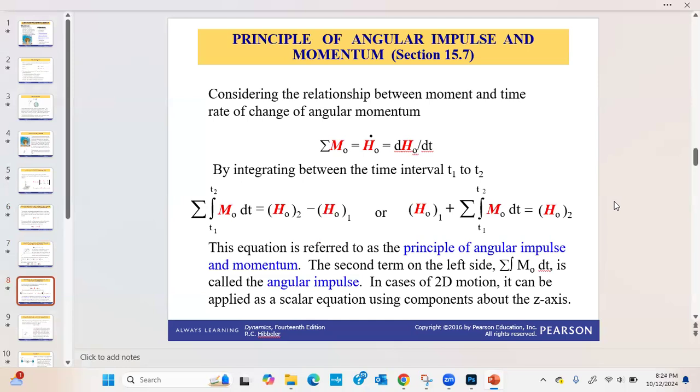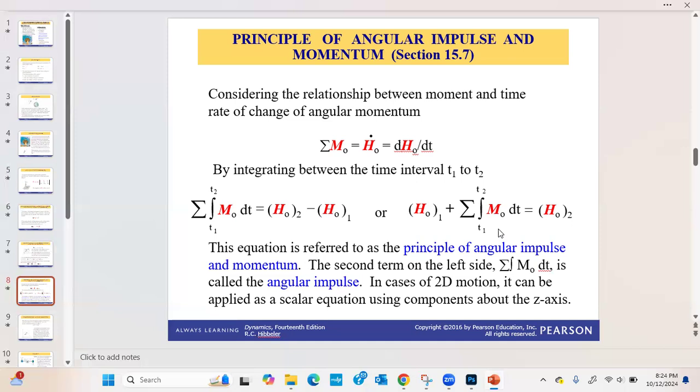And notice once we integrate that particular equation from T1 to T2, we end up with what we call the principle of angular impulse and momentum. And I tend to use this version on the right side more often. It's very similar to our work-energy equation, where we had T1 plus the sum of all of the work acting on the object equaled T2.